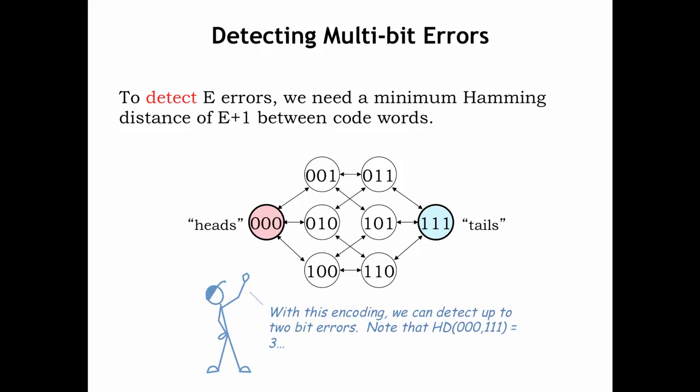Each arrow represents a single-bit error, and we can see from the diagram that following any path of length 2 from either 000 or 111 doesn't get us to the other valid code word. In other words, assuming we start with either 000 or 111, we can detect the occurrence of up to 2 errors. Basically, our error detection scheme relies on choosing code words.